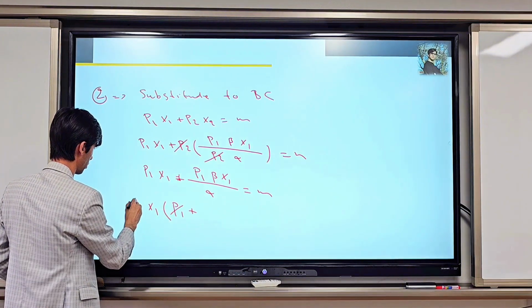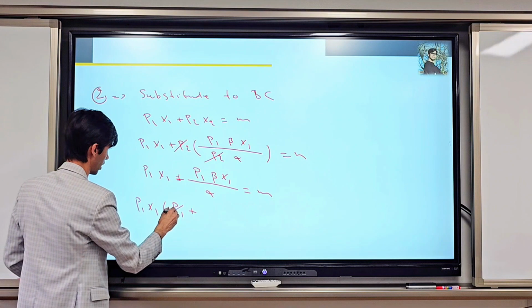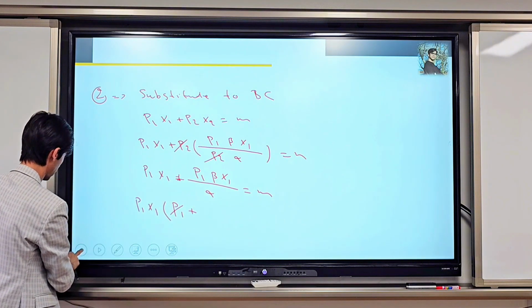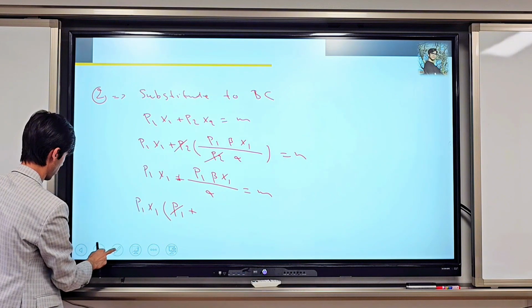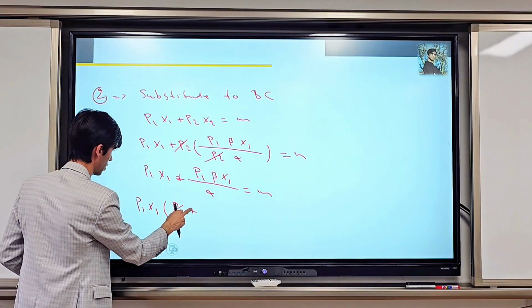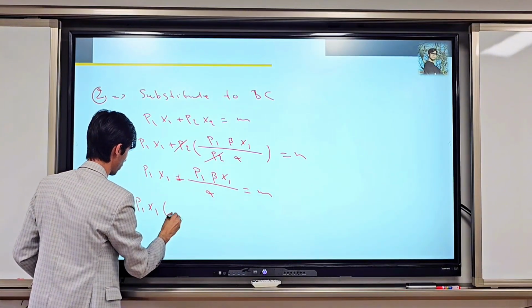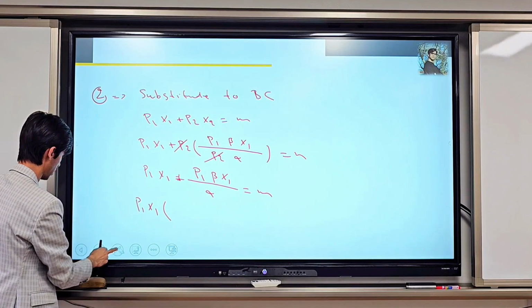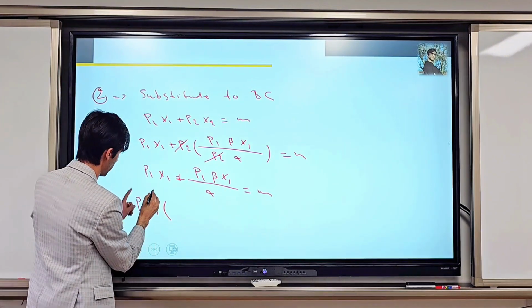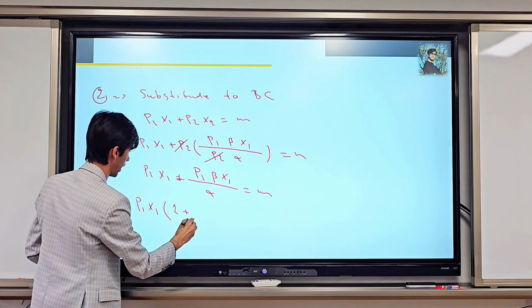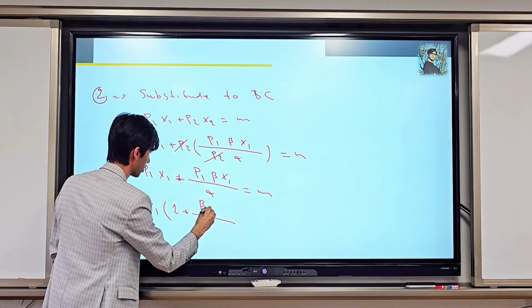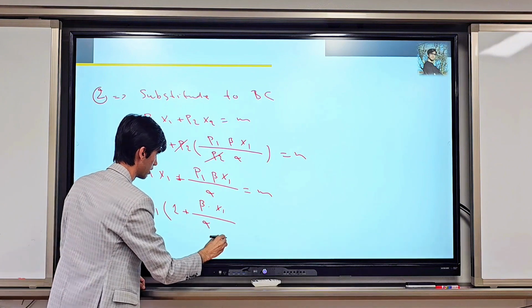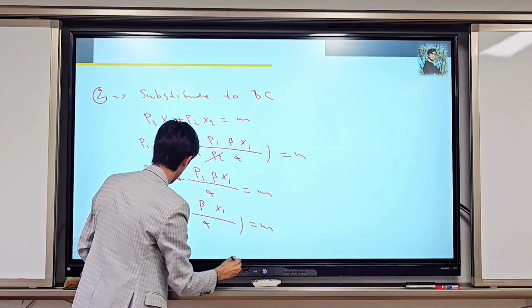P1, we can write down P1 x1 here, and this one we have 1 plus P1 is already here, then beta x1 alpha is equal to m.